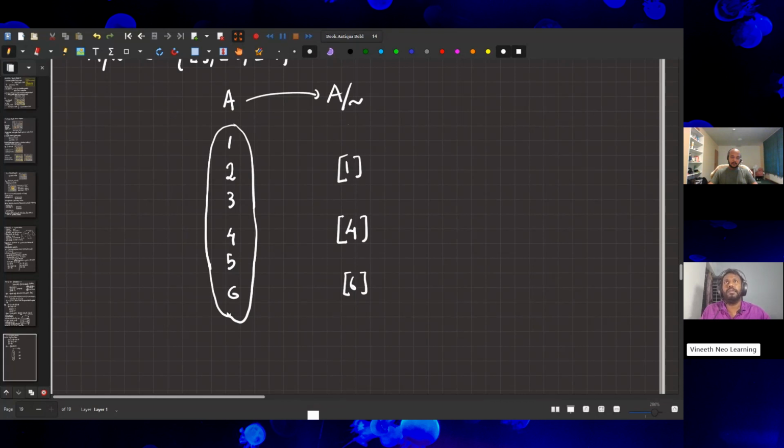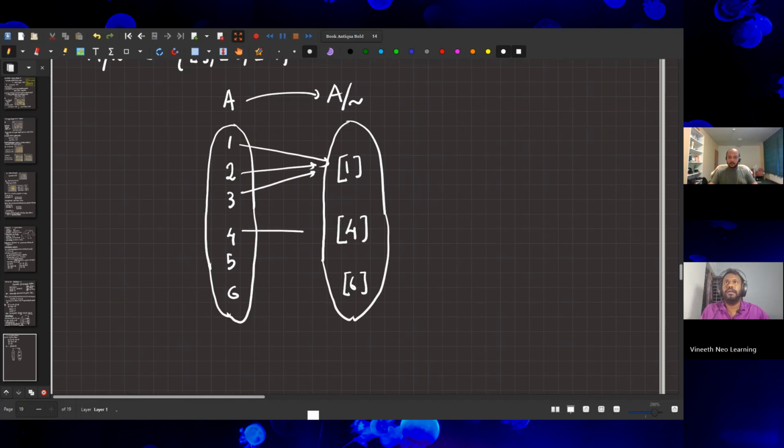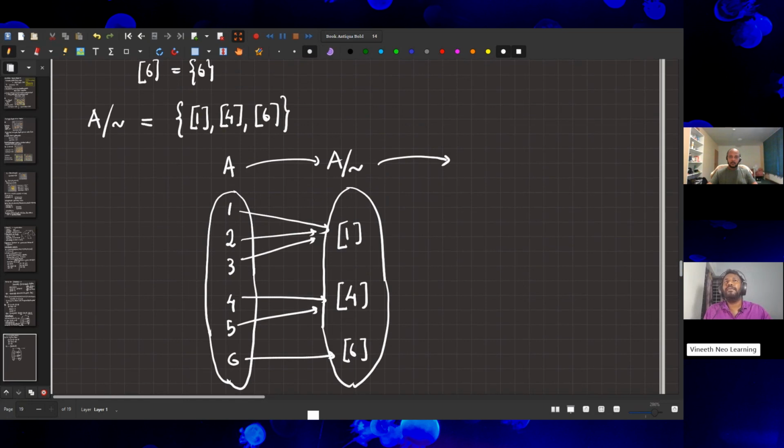That's called the quotient map. So these 3 will go to this one, 4 and 5 to here, 6 to here, and then I am going to map it into the image of that function.